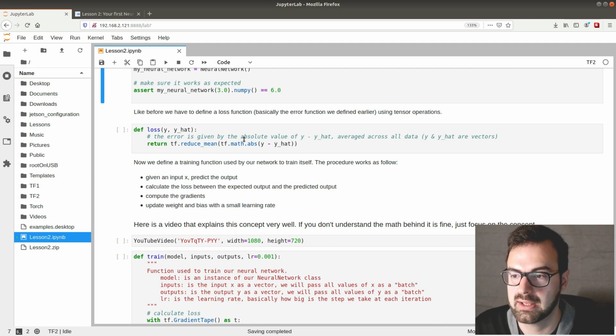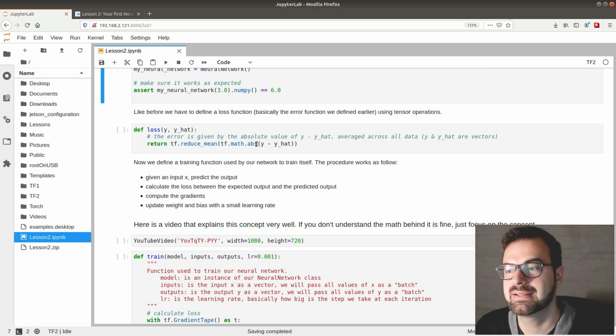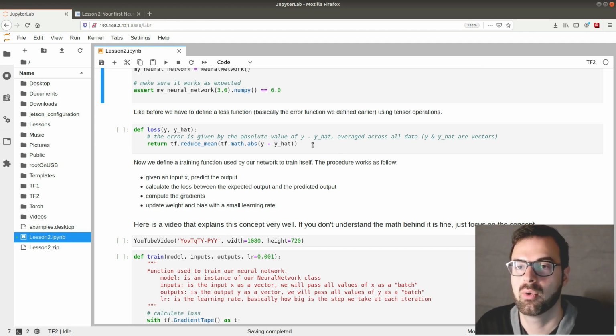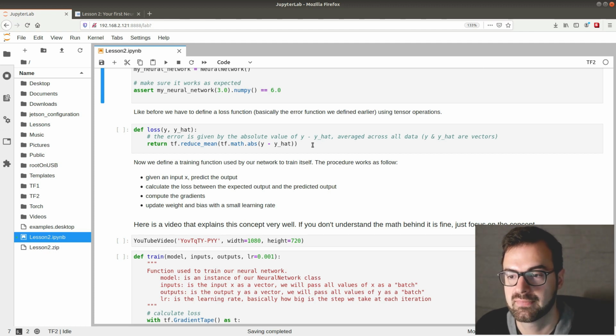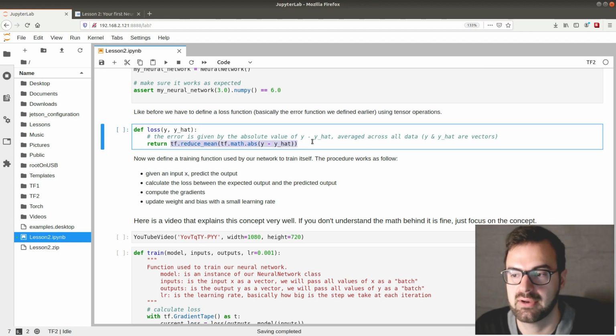Again, y is the label, y hat is the output of our network. And the error is again the absolute value of y minus y hat, but this time it is averaged across all data. At this point, we will not pass one data point at a time, we will pass all of them together, and then we will average this error in this line of code.